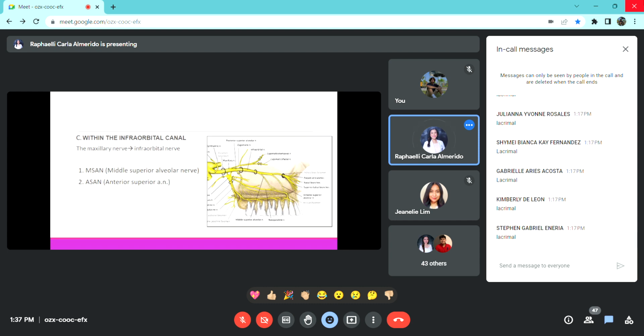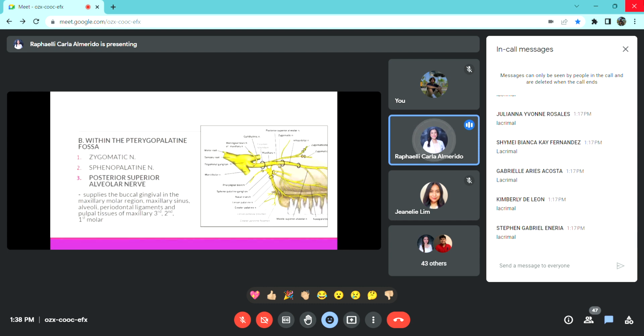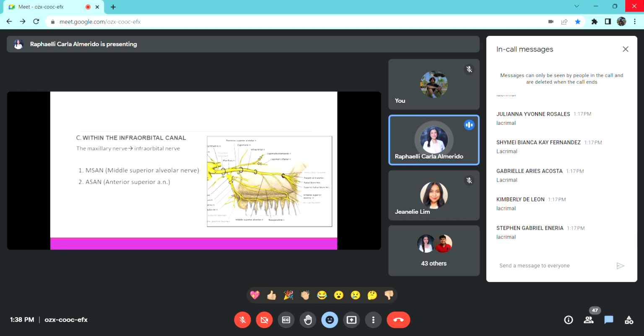Ang difference lang nila will be the location also. For the PSAN, it is still within the pterygopalatine fossa. Whereas for the MSAN and ASAN, it is within the infraorbital canal.